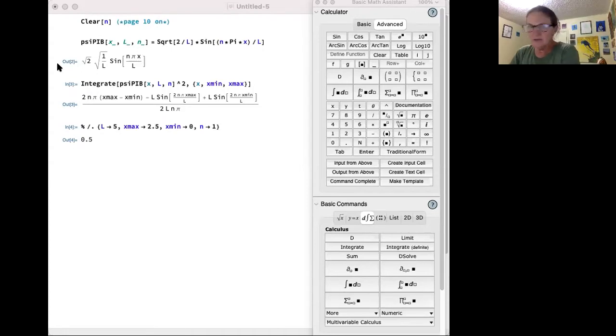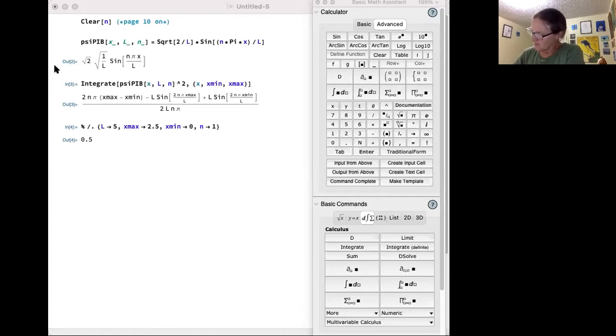So the integral equals A squared times L over 2. It should have been a capital A. Mathematica doesn't care, but I'll put it in as a capital A so that it looks consistent with what I'm writing. Okay, so A squared L over 2 has to equal 1.